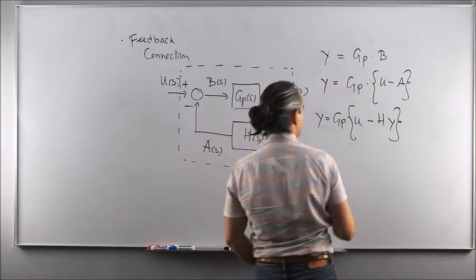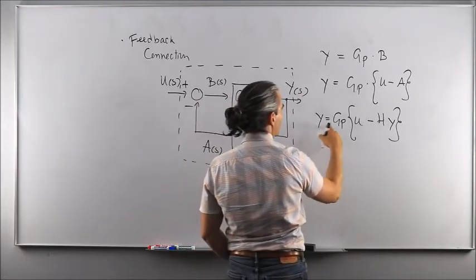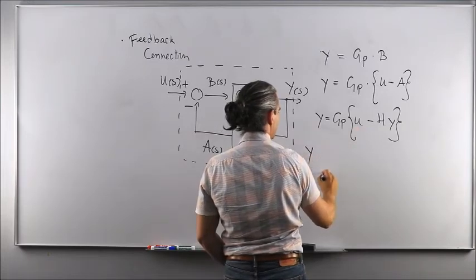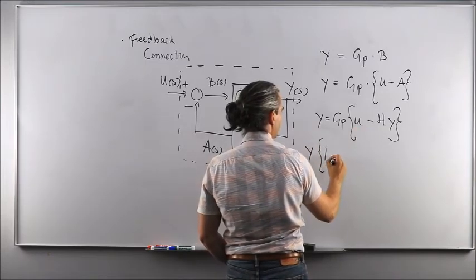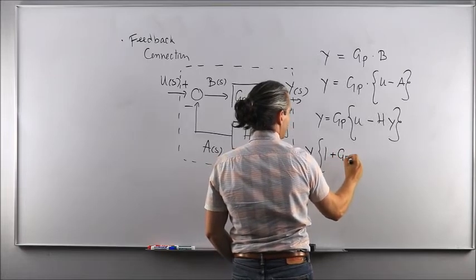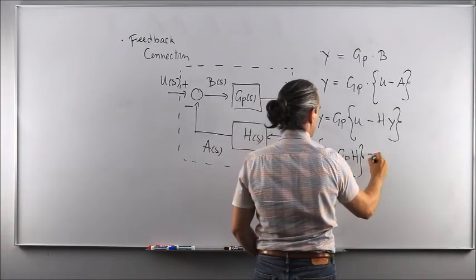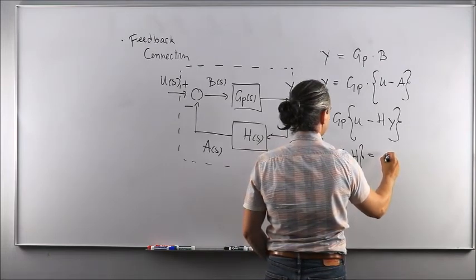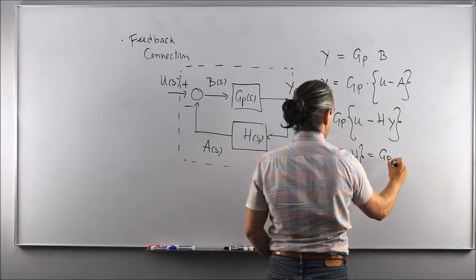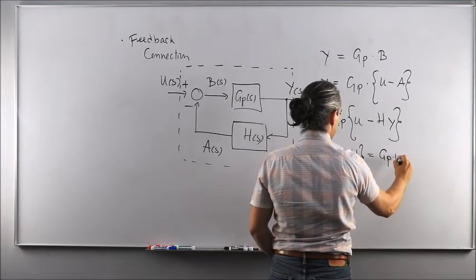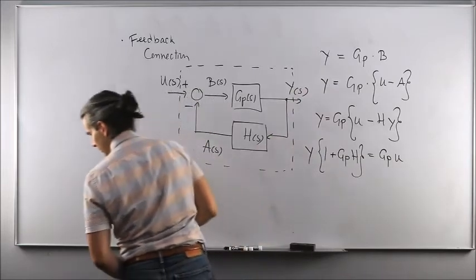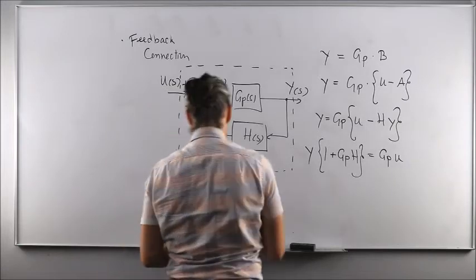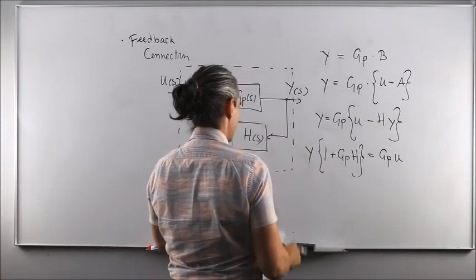Okay, that works out. So that will allow me to get the relationship between y and u. So all I have to do is put my y's on the same side. 1 plus gph equal gp u. Okay.